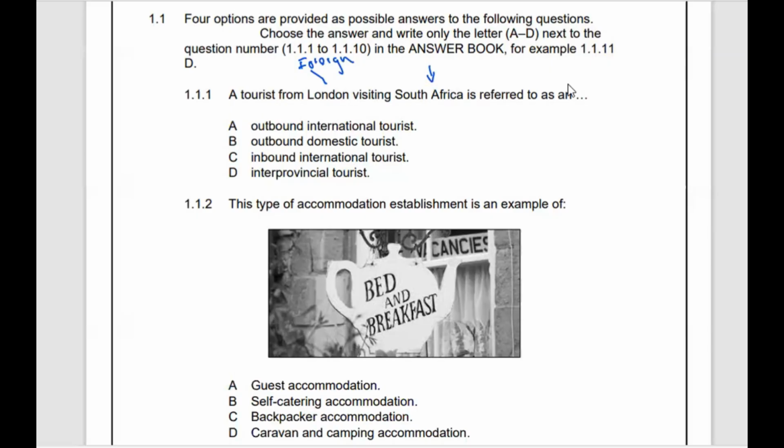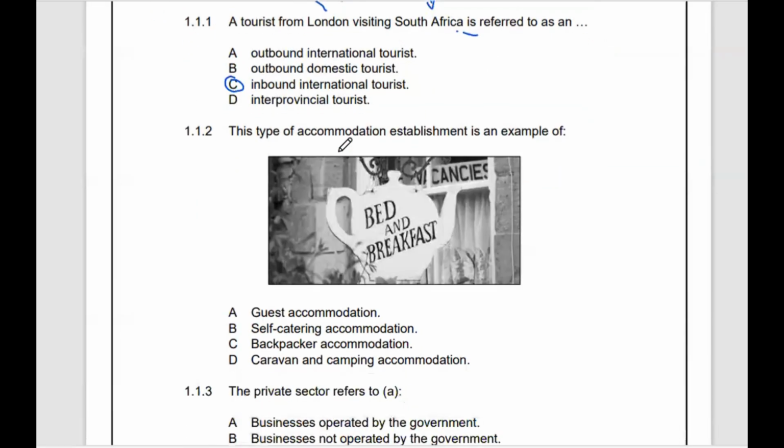So a tourist from London visiting South Africa is referred to as an inbound international tourist, simply because he or she is crossing a border and coming into a country. So the correct term in that scenario is inbound international tourists.